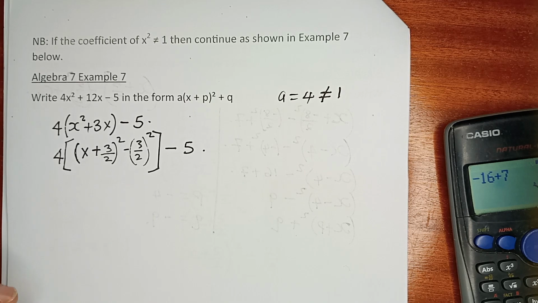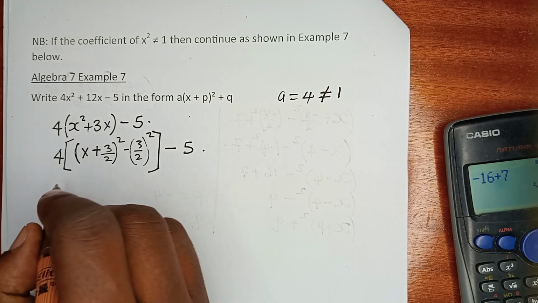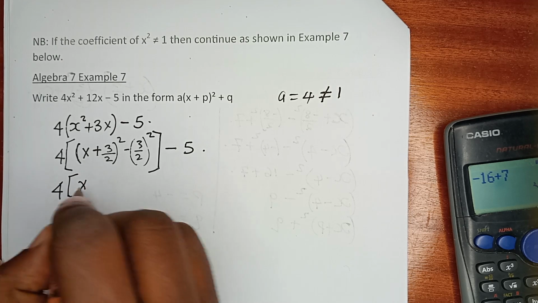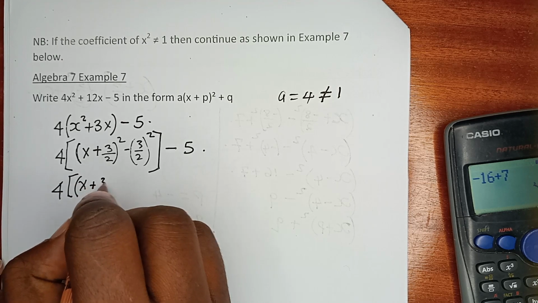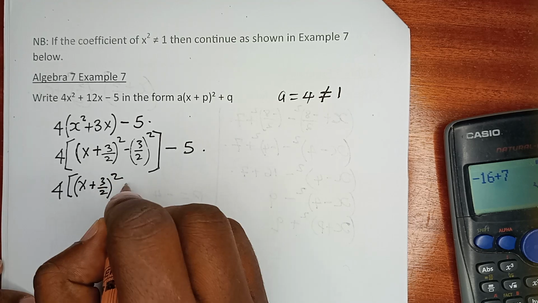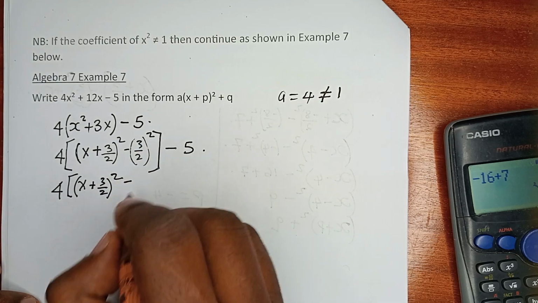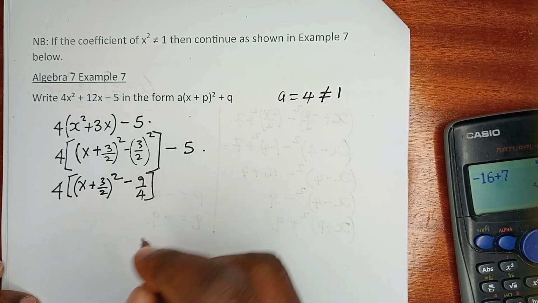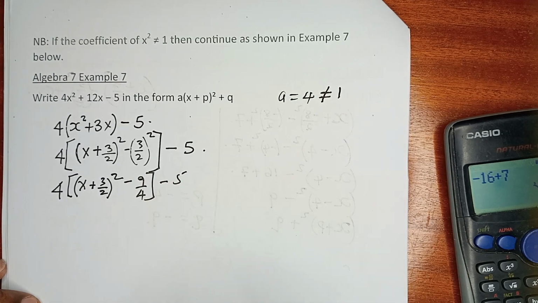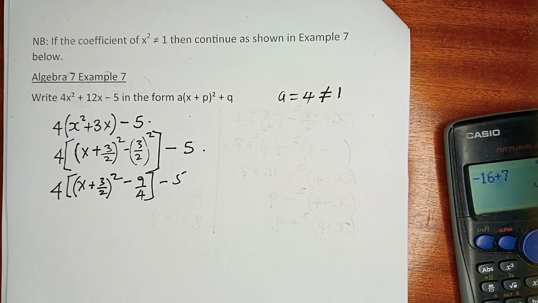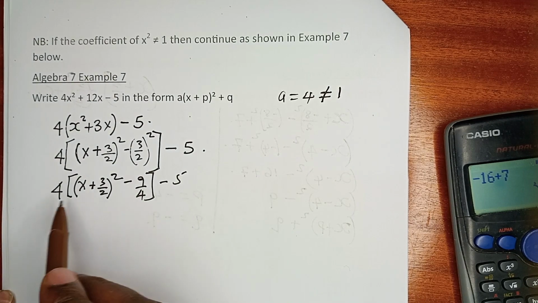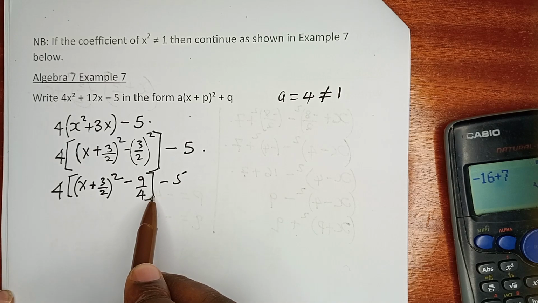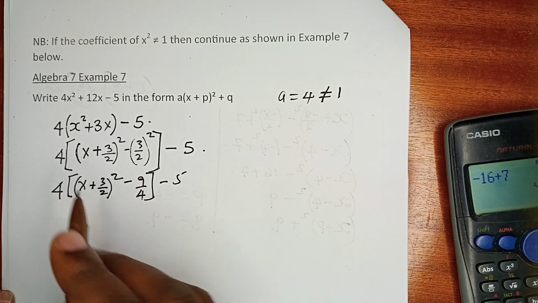How do we go about this? 4 is still outside. x plus 3 over 2 squared minus 3 squared is 9 over 4, close the big bracket, minus 5. Now, if you want to effect this, each and every term between this bracket must be multiplied by 4, which is outside.